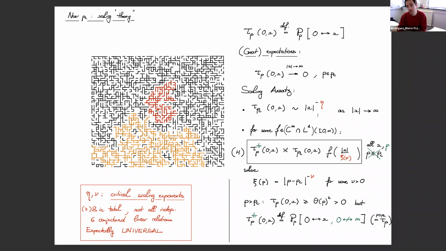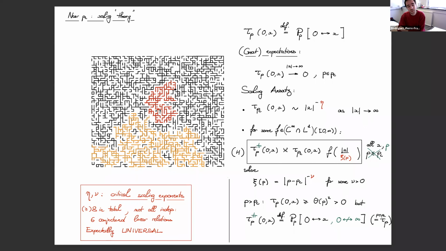So basically, if you know 2 and you believe in these equations, then you know all of them. And what's important is that these exponents are objects which physicists crave because they're expectedly universal.